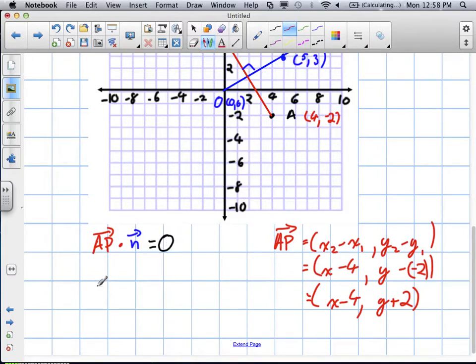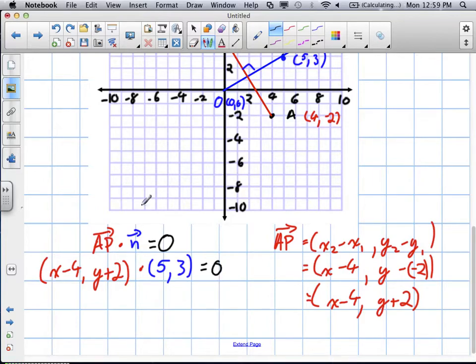When we put those into the dot product, we have (x minus 4, y plus 2) dot our normal, which is (5, 3), and we know it's going to be equal to 0.